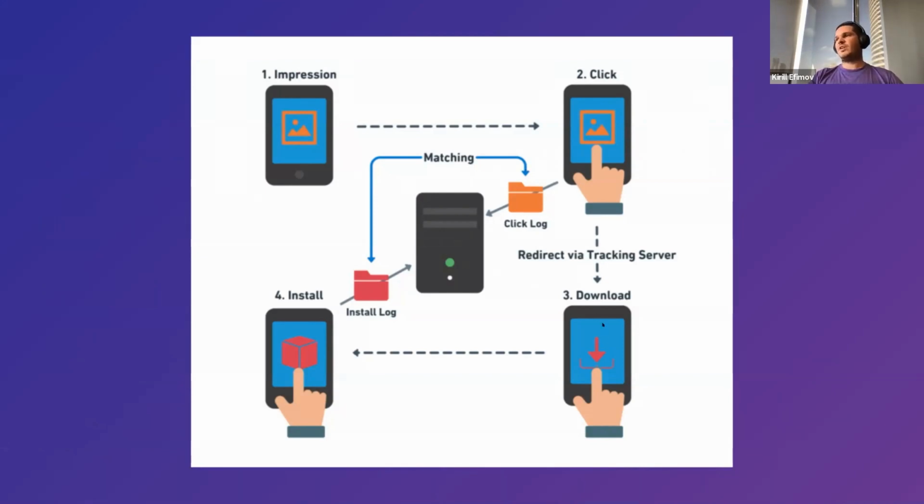Then the user downloads the application, and after installation, after first launch, the attribution provider receives this data, and now you can see that the attribution provider backend has both click information and install information. So eventually it can figure out which banner was clicked and who should be paid for the click.